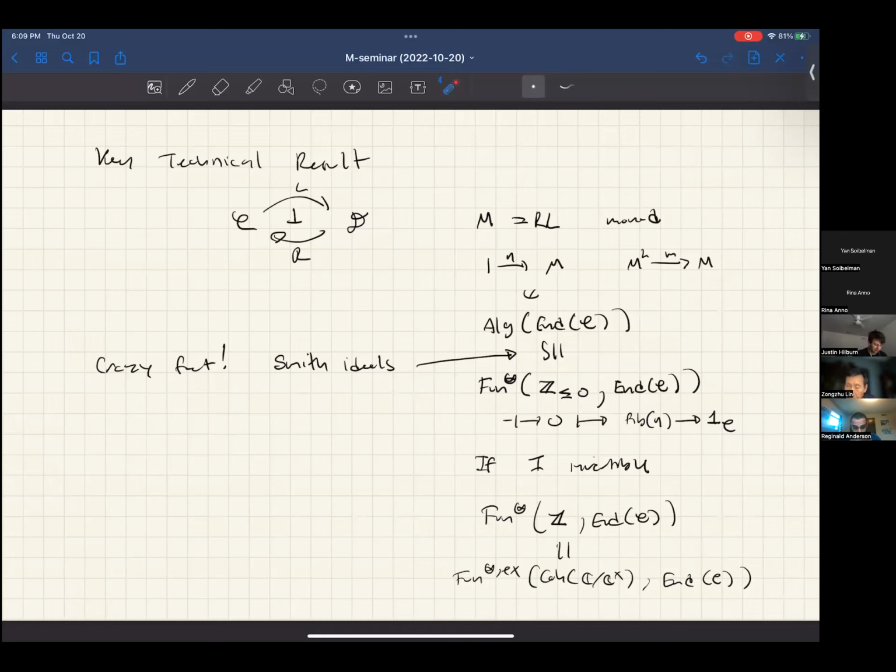This thing is called the structure of a Smith ideal. They were discovered by Jeff Smith. Basically what you can do is write down a tensor functor from the non-positive integers, with the tensor structure given by just addition.